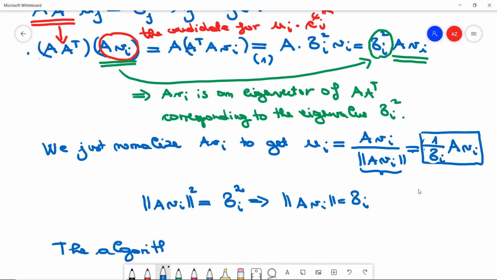Thank you. So once we have Vi, we calculate AVi, and we don't need to calculate again this Euclidean norm. We just think about this and see that the norm of AVi will be exactly sigma I, which we already know from above. So here we just multiply by 1 over sigma I.